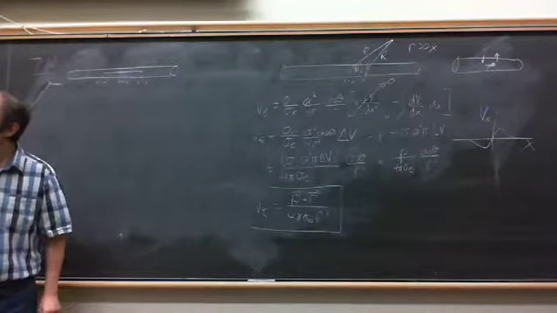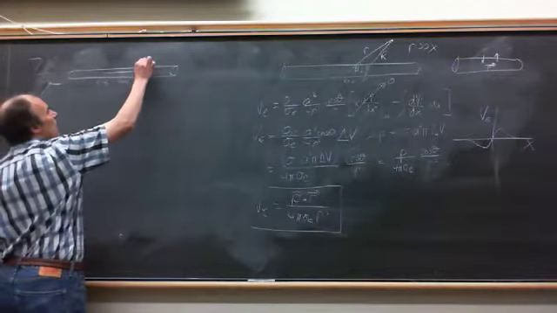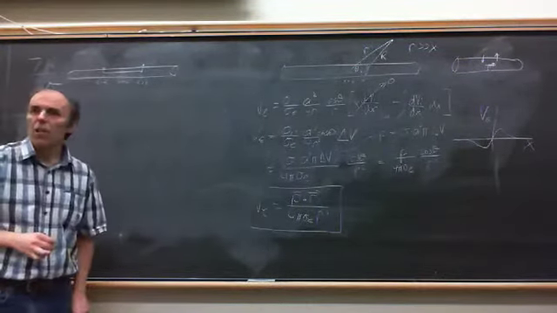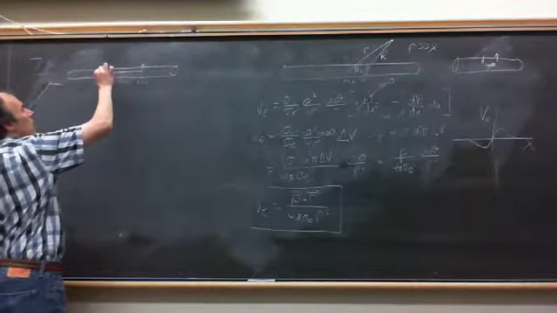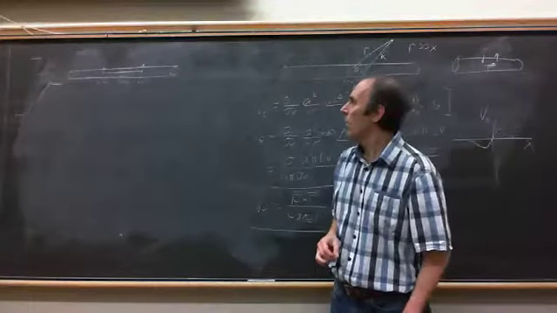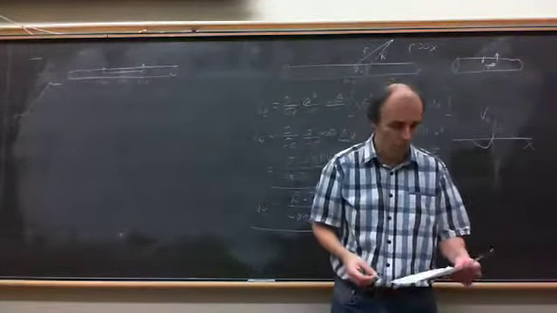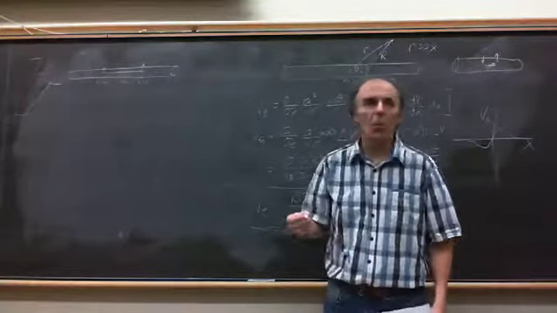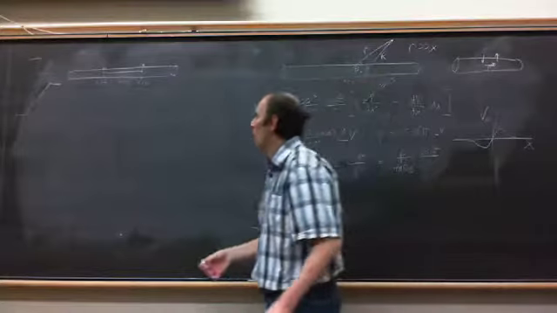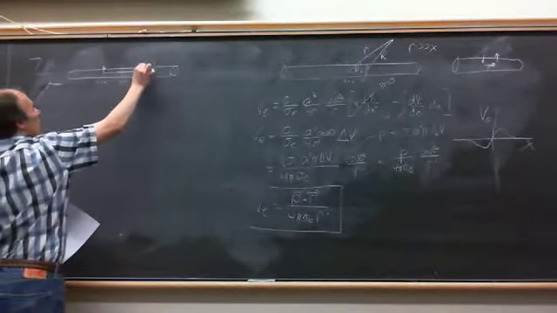So you're going to do it just like we did in that first problem in class. All this current has to come out here, and all that current has to go in there. So you have a source at x equals b and a sink at x equals minus b. Now, if you let b shrink down to 0, you get the dipole result. But what you want to do in problem 7.1 is to do it not assuming a dipole, but assuming that all the current is localized to this point and this point.